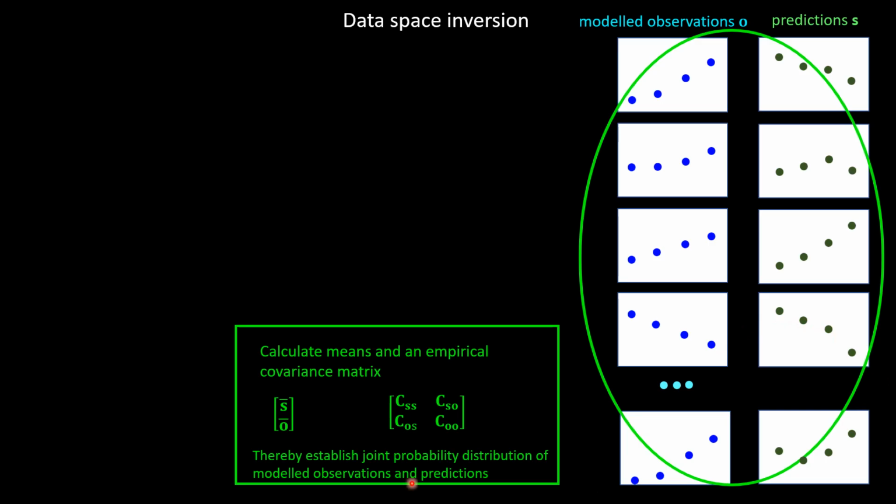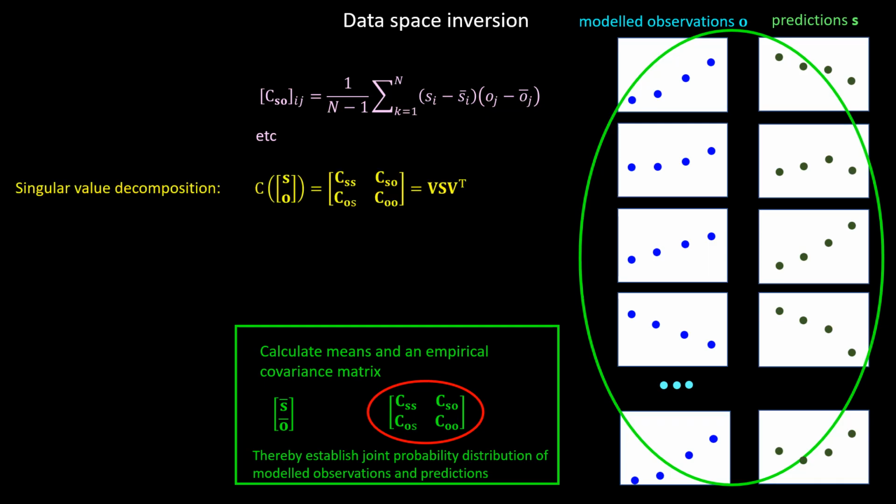This is embodied in the vector of means of O and S and an empirical covariance matrix that links the measured past to the predicted future. The elements of this covariance matrix, as before, are calculated using simple formulas derived from elementary statistics.